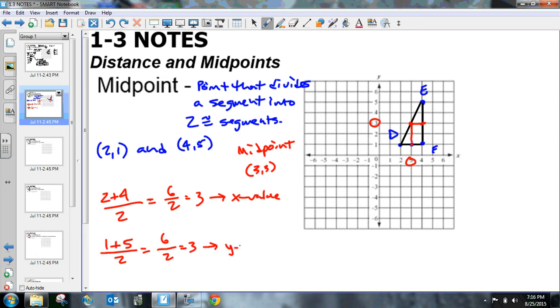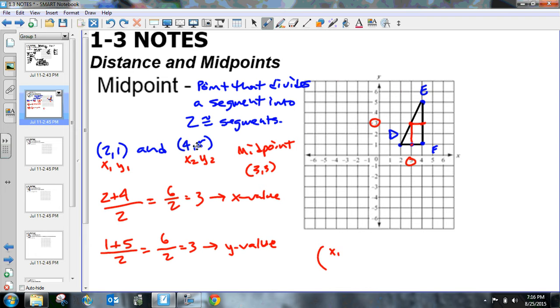So I can do the same thing I did with the distance formula, and I can just apply these generic values. I can call this x sub 1 and y sub 1. I can call this x sub 2 and y sub 2. And so I can rewrite this formula. I'm going to write it in the form of a point. Instead of writing 2, I'm going to write x sub 1.